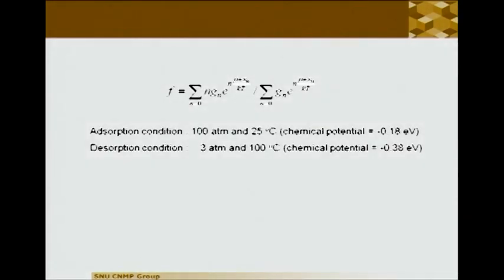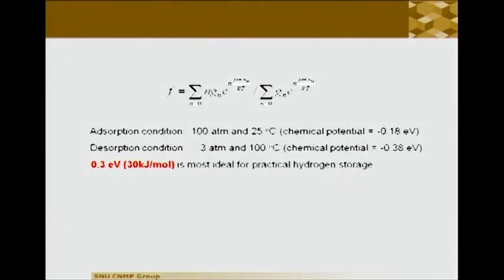And that amount can be calculated from equilibrium statistical physics, or you can perform grand canonical Monte Carlo simulations. This is the condition. For absorption condition for storage, after we talked to people in the car industry, we chose 100 ATM and 25 degrees C. If it's lower, then it's even better. But we want to store it at room temperature or lower. This is still the safe region. If the pressure goes above that, they regard it's not very safe.